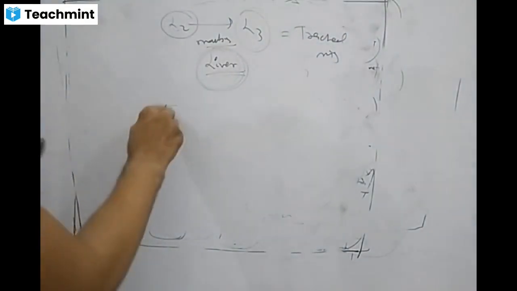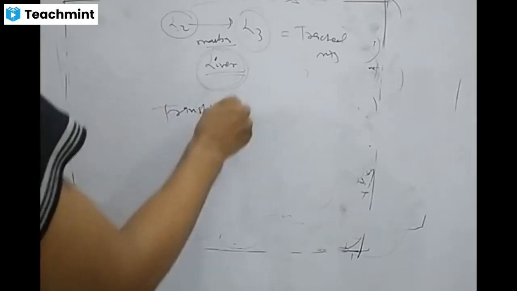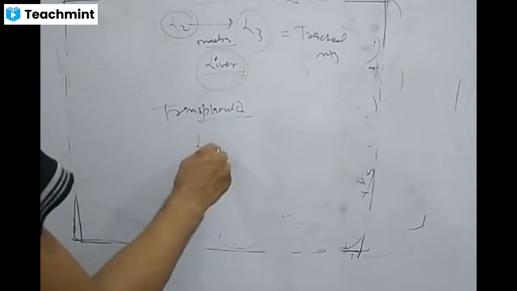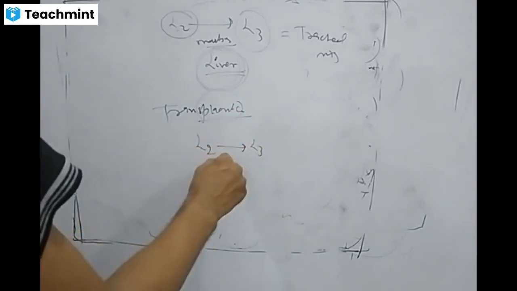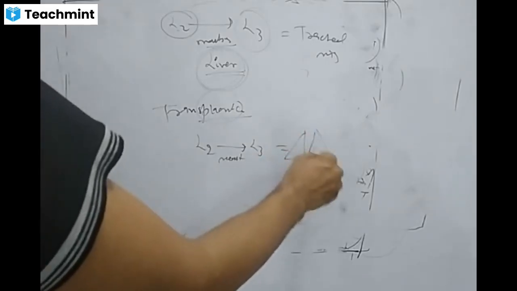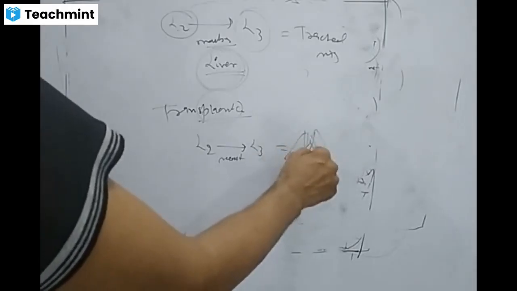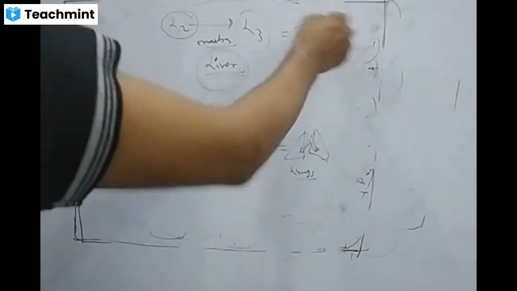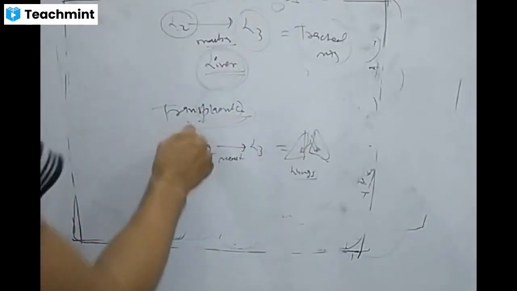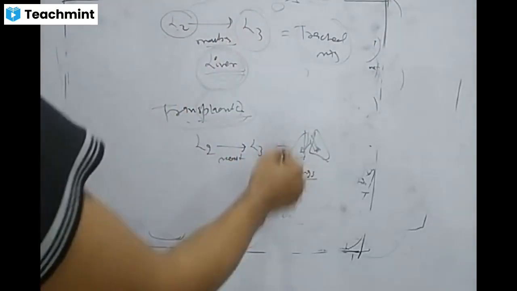Then there is one more, transplacental, through the placenta. In this case, the L2 to L3 molt occurs in the lungs. So this is the difference between tracheal migration in direct transmission and transplacental transmission: the L2 to L3 molt occurs in the liver in one, and here it is the lungs.